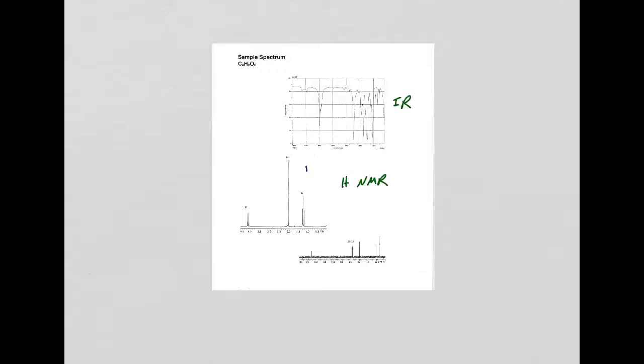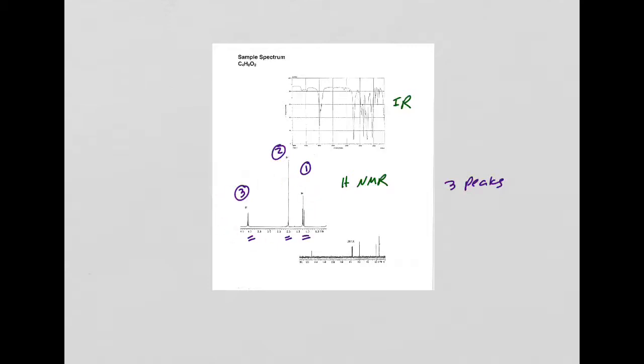So I have 3 peaks on the NMR, which means I have 3 sets of unique protons. Now, one of them is about 1.3 ppm. One of them is about 2.0 ppm. And the other one is about 4.0 ppm.